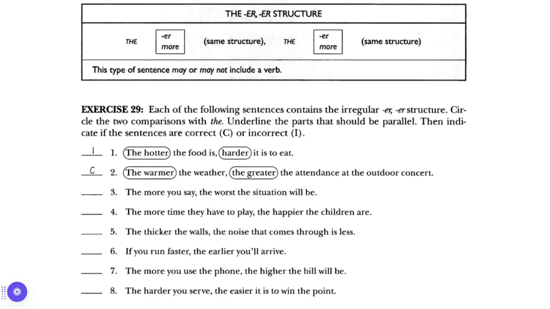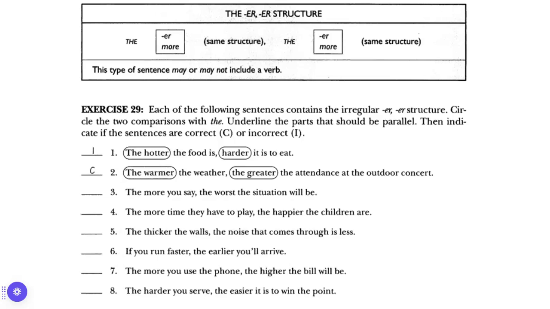Now, this type of sentence may or may not include a verb. For example, let's look at number 1. "The hotter the food is," this is incorrect. We should have "the harder it is to eat." But depending on the context, we could have "the hotter the food, the harder to eat it." That's why it says that this type of sentence may or may not include a verb.